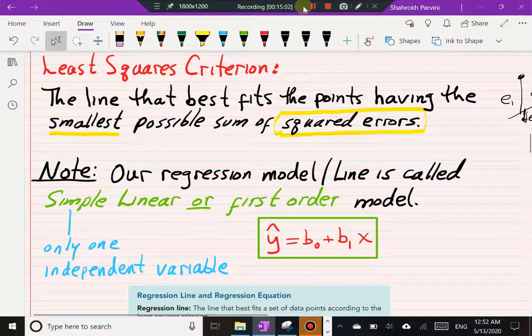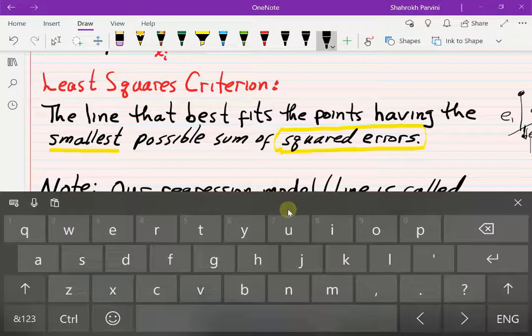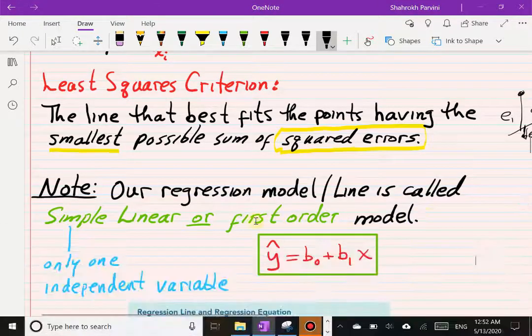It's called simple because there's only one independent variable, one x. And it's linear because our model is a straight line model, so that's why it's called linear. The first order model, they call it. First order means you only have x to the first power. The order is the exponent on x here.